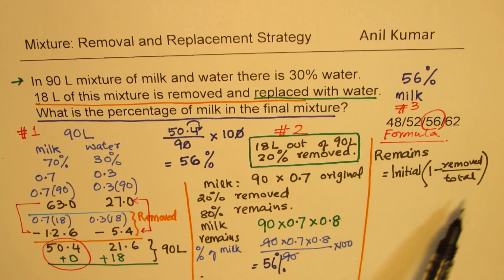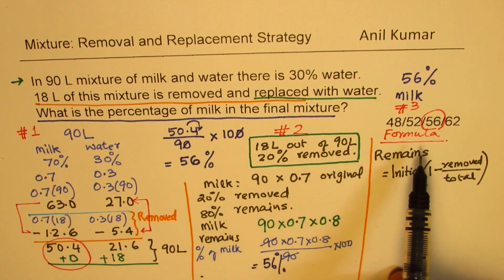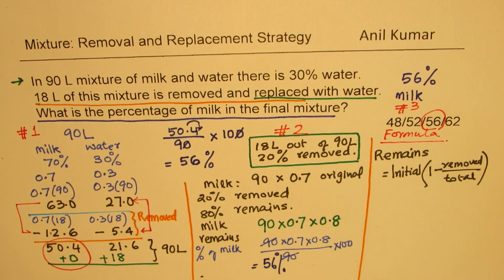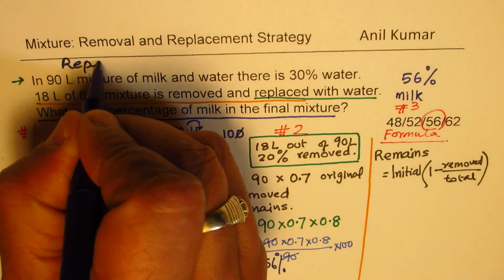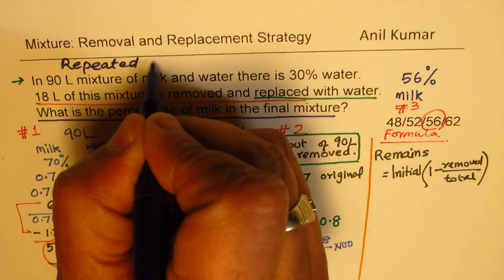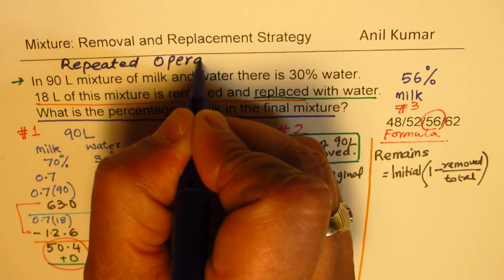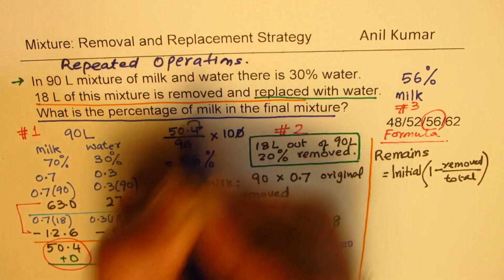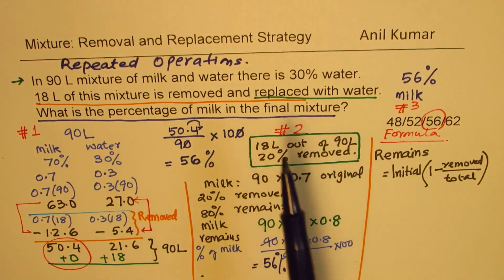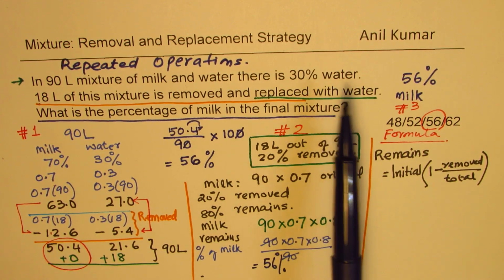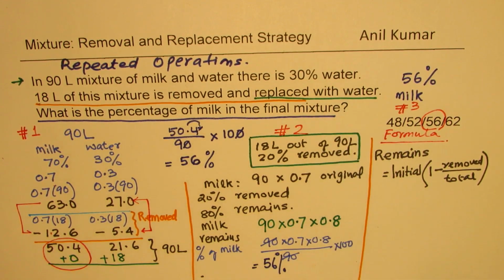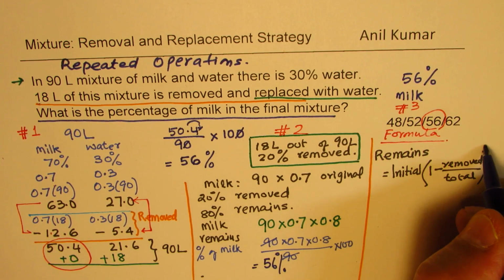Now the beauty of this formula is that it can be applied even in situations when we do repeated operations. What I'm trying to say here is, if I extend this question and say that this process is repeated 2 more times, that means 3 times, then the answer will be this to the power of 3.